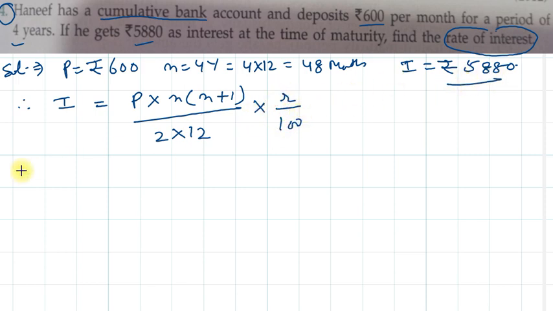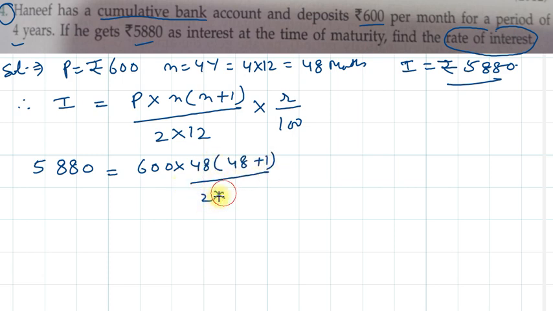Interest is already given here, we will write it this side. Principal is 600, N is 48 months, 48 plus 1 upon 2 into 12, R we have to calculate.